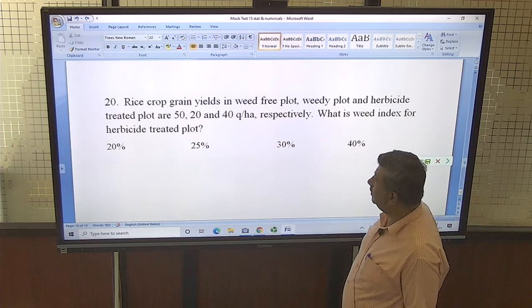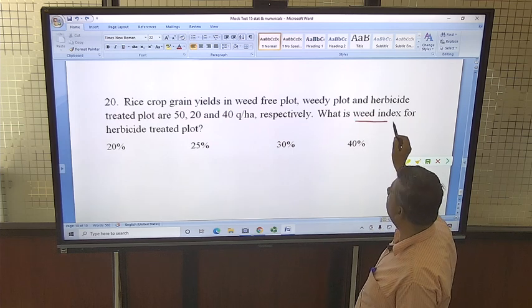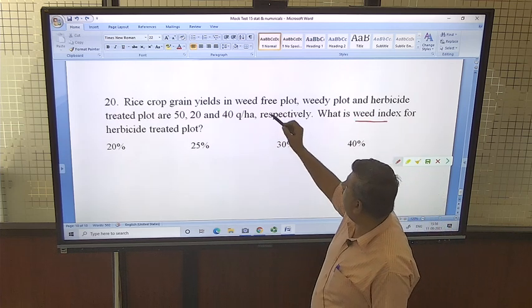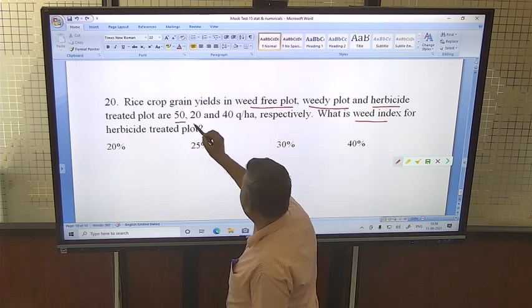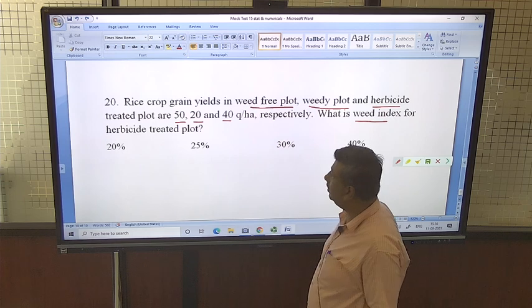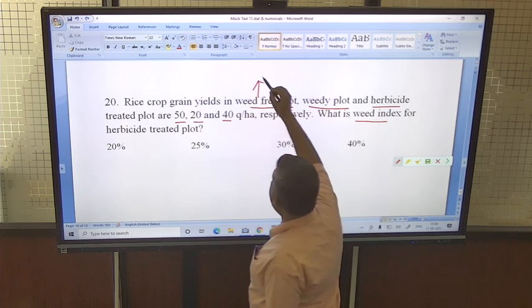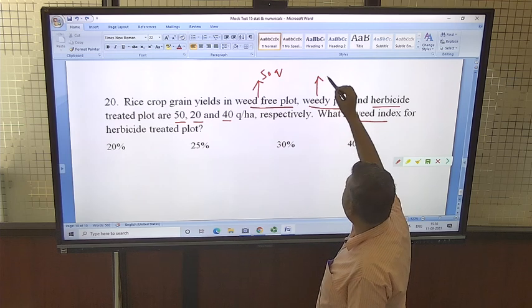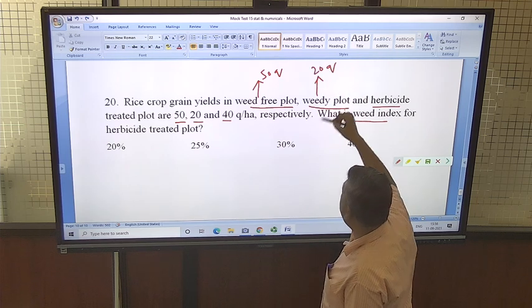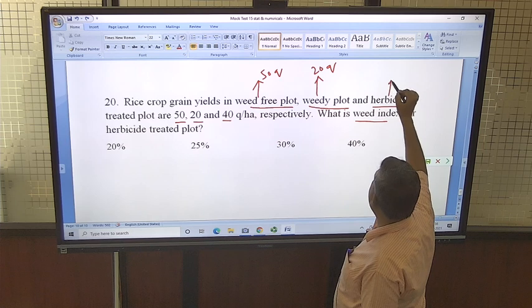Here the question is on weed index. Rice crop grain yield in weed free plot, weedy plot and herbicide treated plot are 50, 20 and 40 quintal per hectare respectively. It means 50 quintal in weed free plot, 20 quintal in weedy plot and 40 quintal in herbicide treated plot.